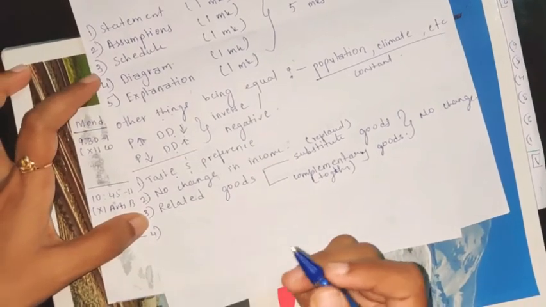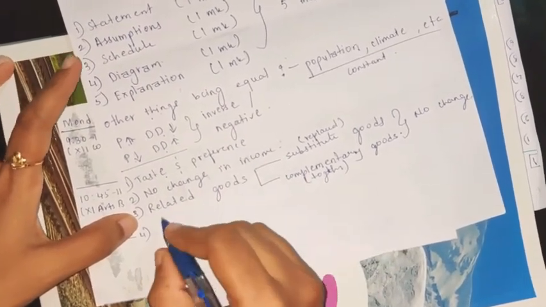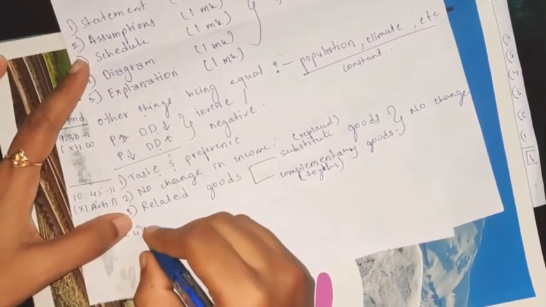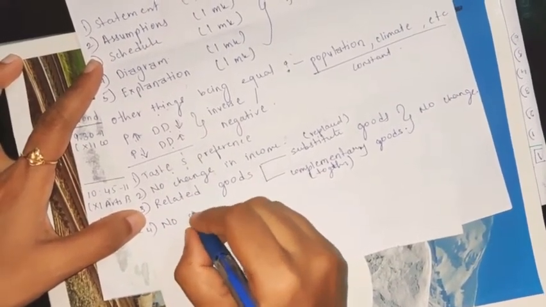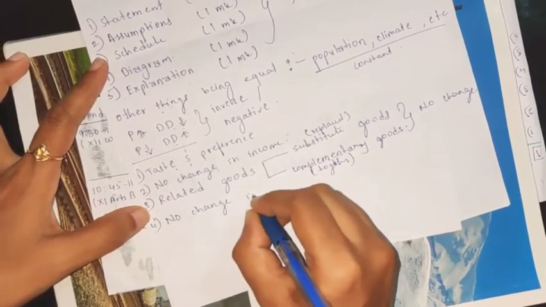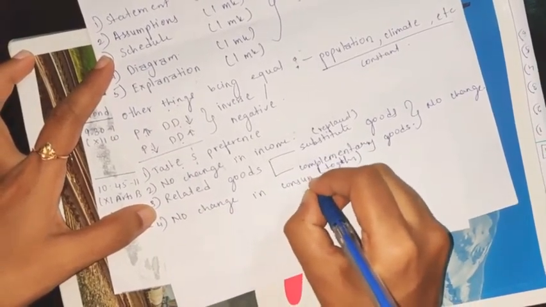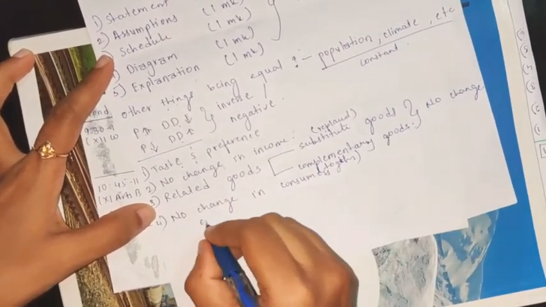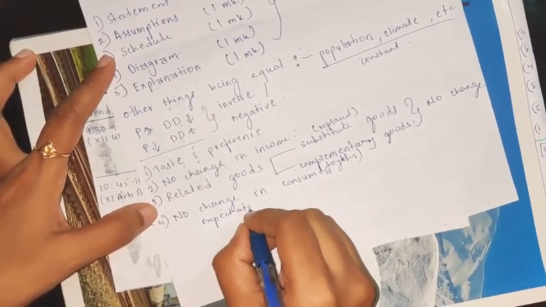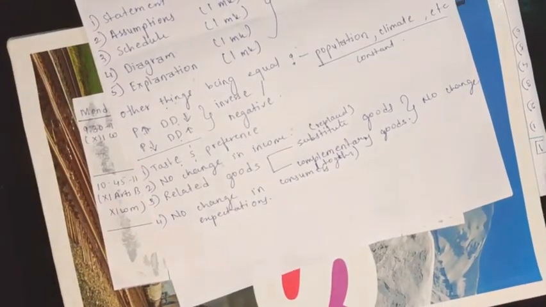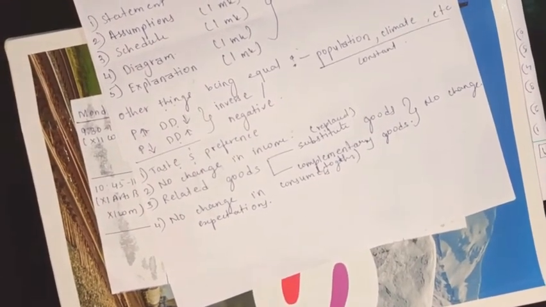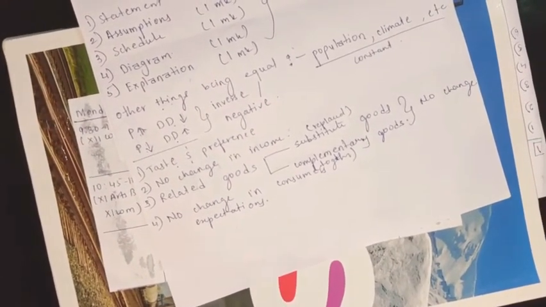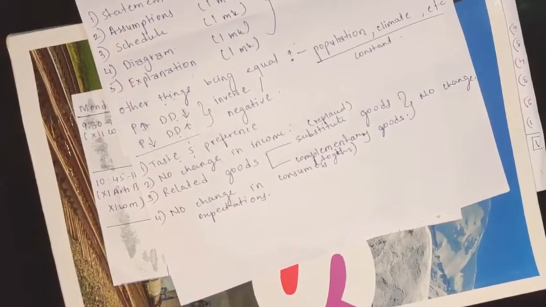Then the fourth assumption is that there is no change in consumers' expectations. No change in the consumer expectation means consumers' expectation about price remains constant. These are your 4 assumptions.